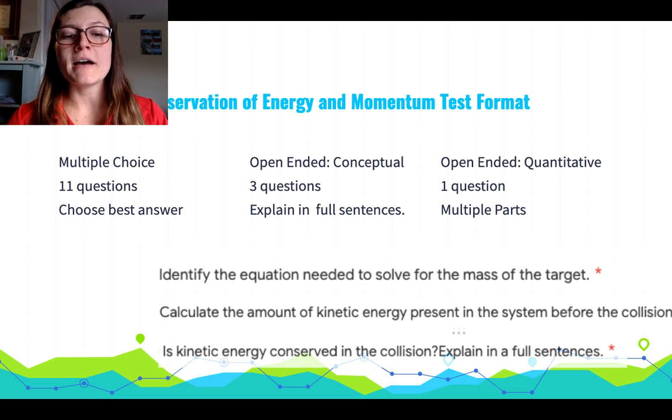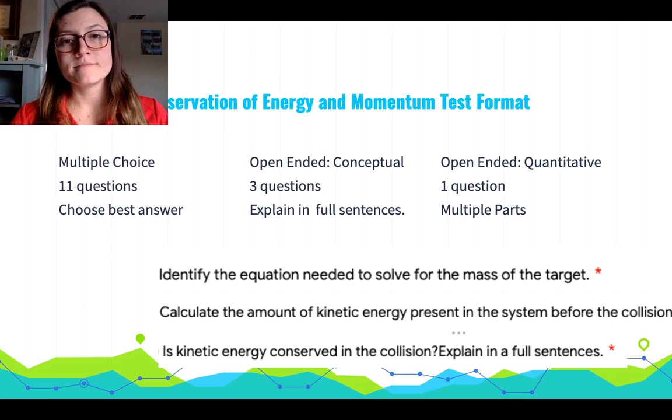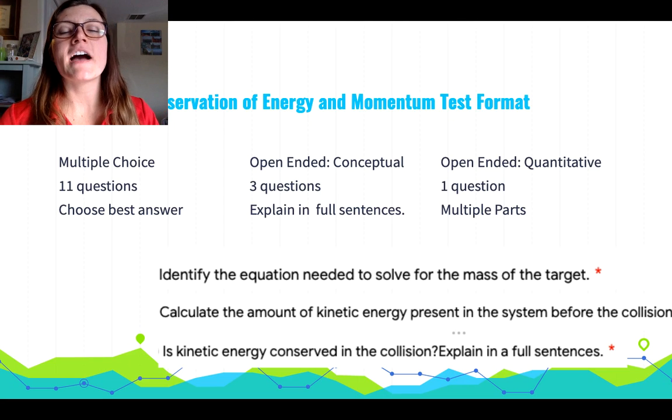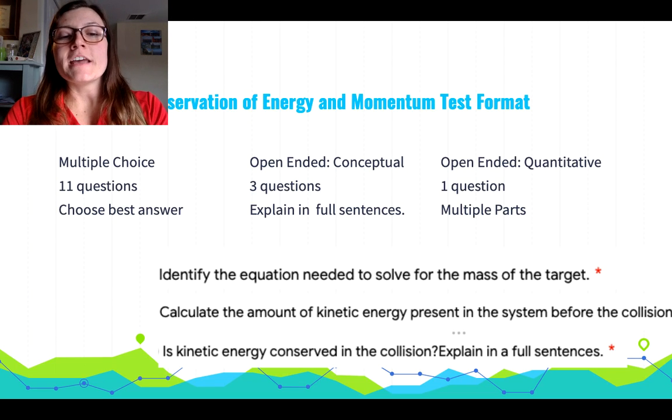What I mean by that is part A could be identify the initial velocity of this object. So basically, you're identifying the givens in parts A, B, and C. I'm going to point each for that. Part D could be identify the equation needed to solve.